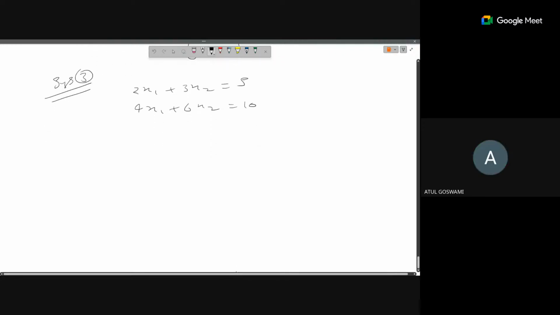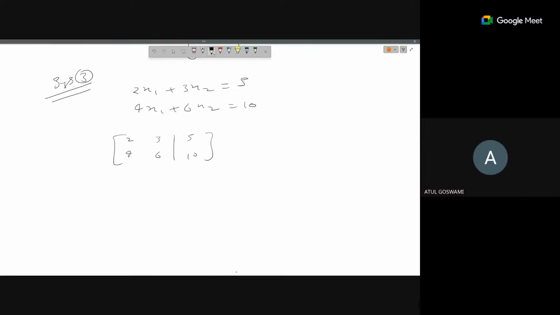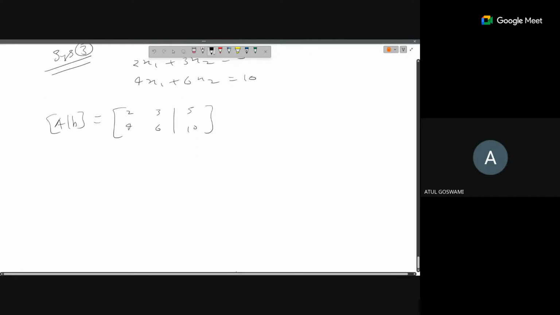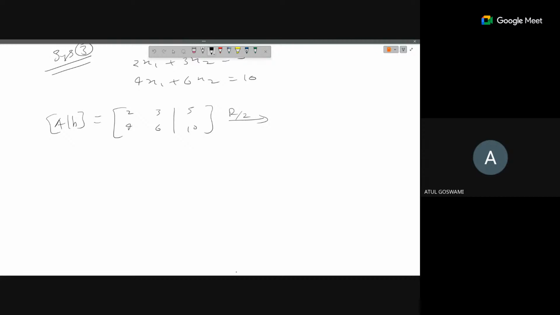Now if you write 2 4, 3 6, 5 10, this is an augmented matrix. Now you reduce. So how to reduce? Row 2 divided by 2 and row 1 divided by 2. Okay, so one step at a time.